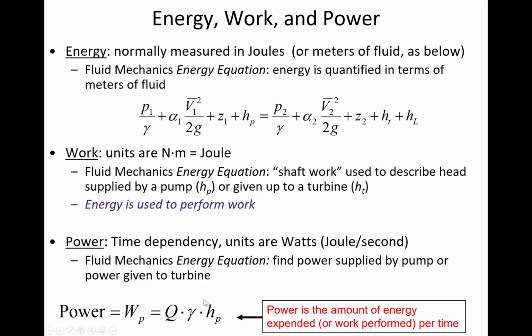So here H sub P would be if we're calculating how much power is required to run a pump. But you could also find out how much power is coming out of a turbine by substituting in H sub T. And so if we look at this equation, the flow rate multiplied by the unit weight multiplied by the head is going to end up with units of watts. And we'll go through those calculations with our examples next Tuesday.